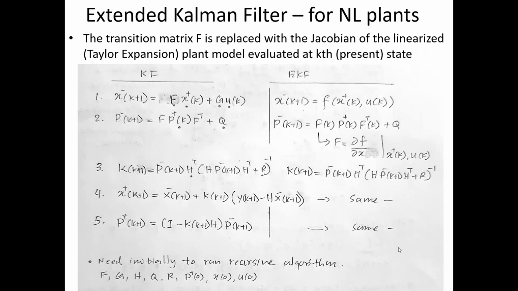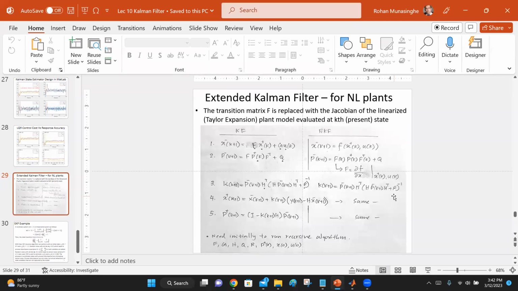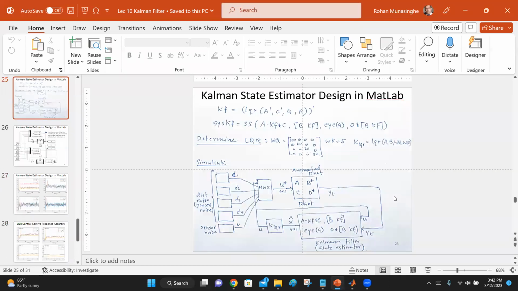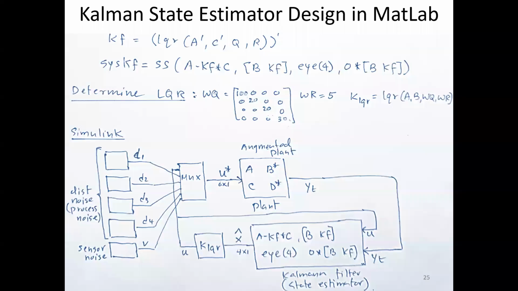Increase and decrease the cost for the state variables, the relative cost for state variables and the control signal, and with a bit of an attempt and a bit of simulations, you can get something really reasonable.